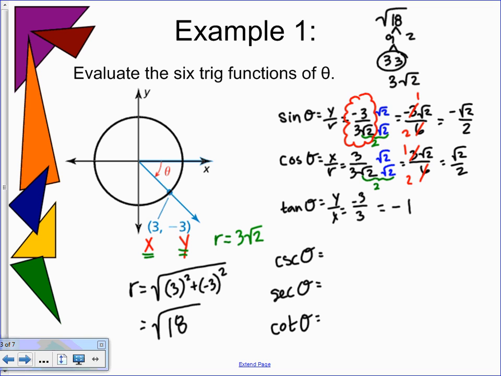So I would think about cosecant as r over y, and I would flip that and make that 3 square root 2 over negative 3. But if you flip the original fraction, then you'll move the radical up to the top and you won't have to rationalize again. You'll only have to simplify it. Negative 3 over 3 will be negative 1, so you'll just have negative square root 2.